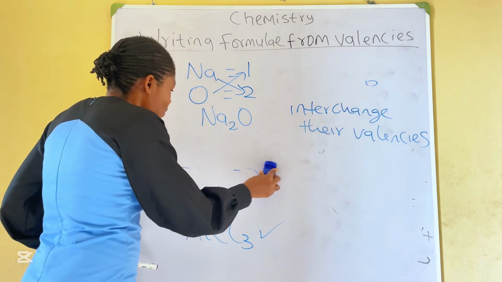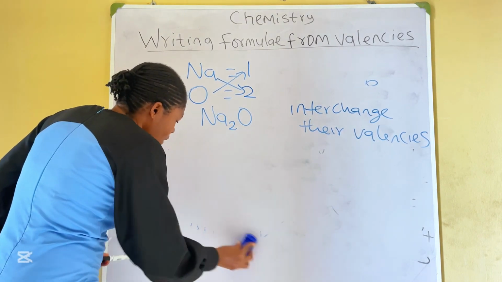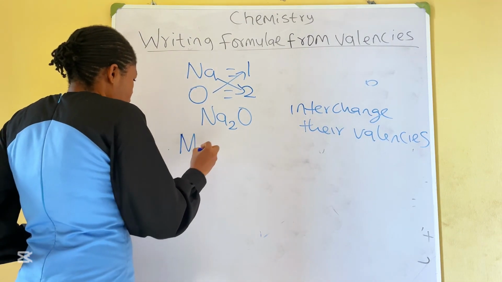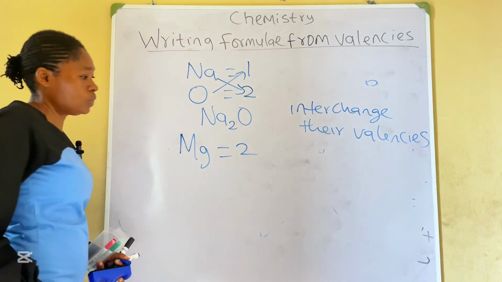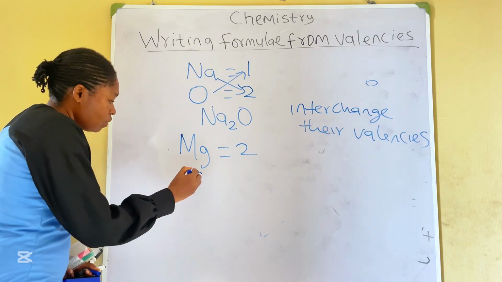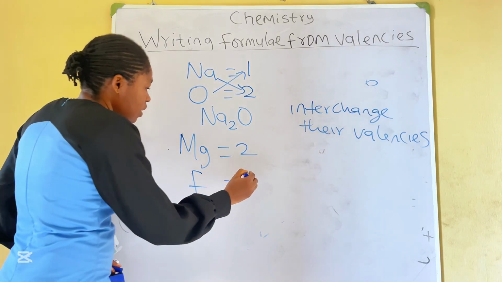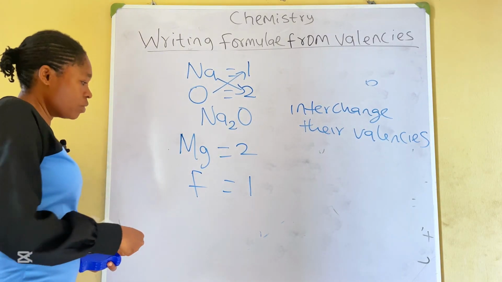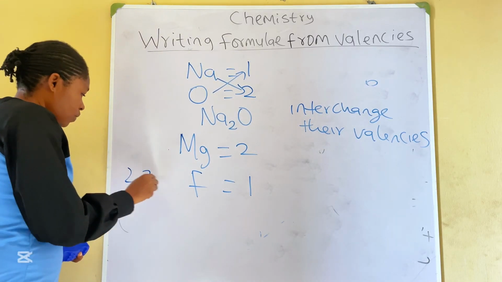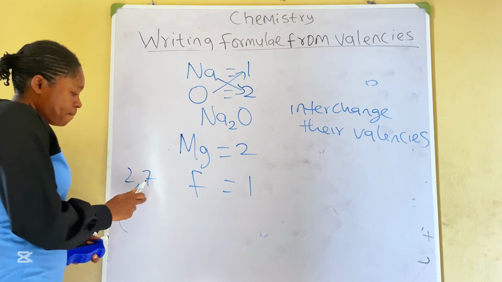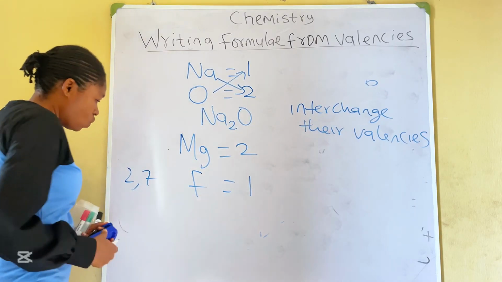So let's have number 4, magnesium fluoride. Magnesium. What's the symbol for magnesium? Valency of magnesium is 2. Fluoride, that's fluorine. And the valency is what? 1. Fluorine is 9: 2, 7. So it needs 1 to be 8. So that valency is 1.